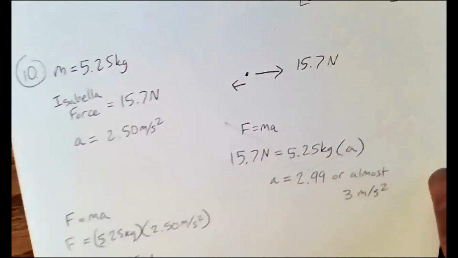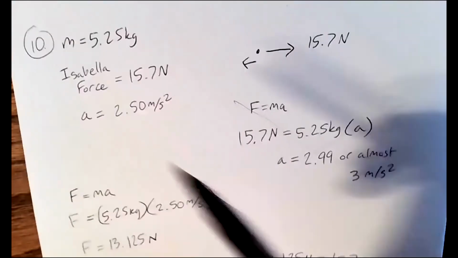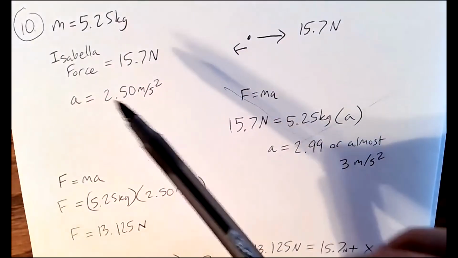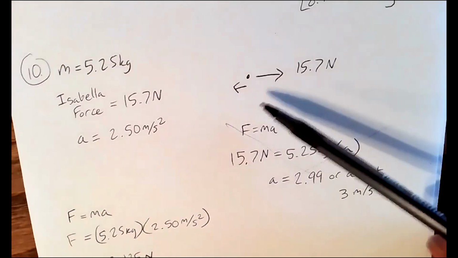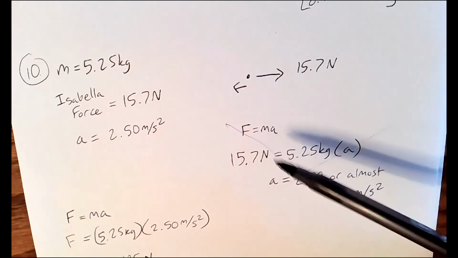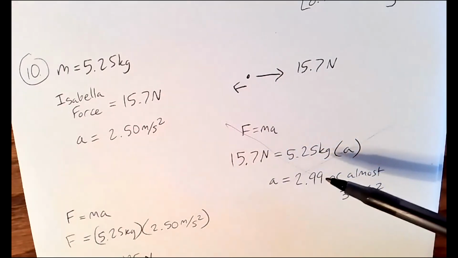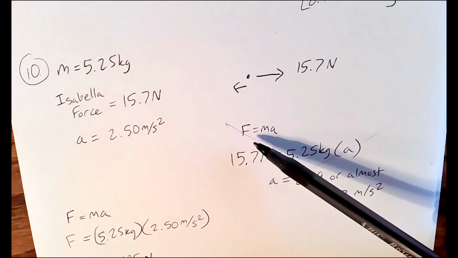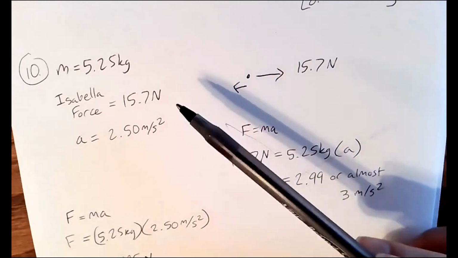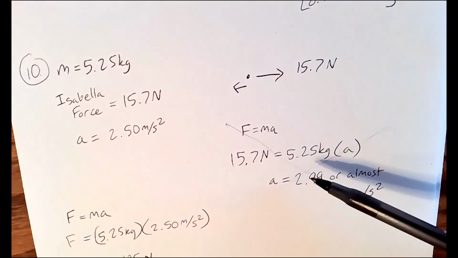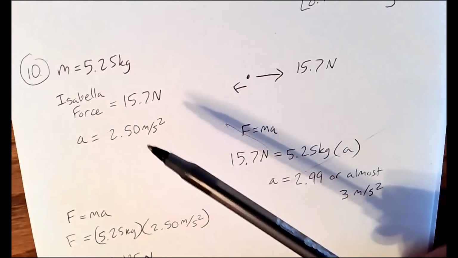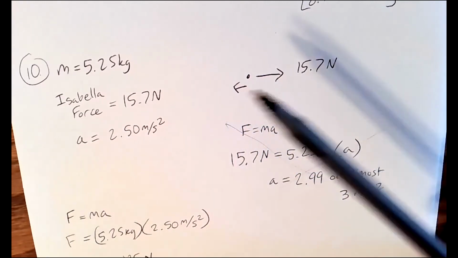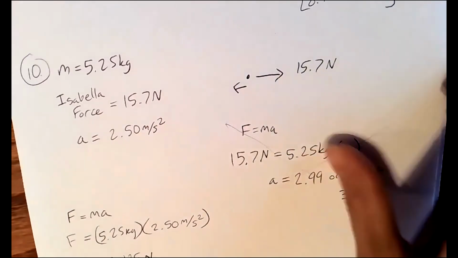So remember that process. You're given these numbers. Draw out the diagram. Since 15.7 newtons, the acceleration would be higher, but since it's only 2.5, we know friction is taking place.